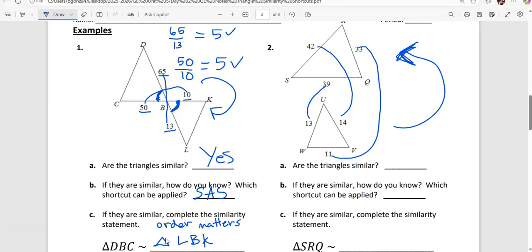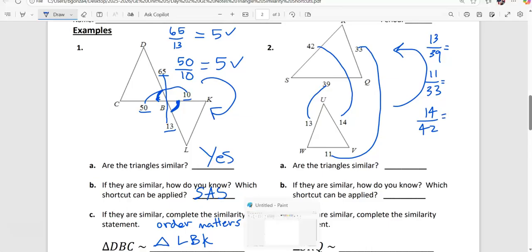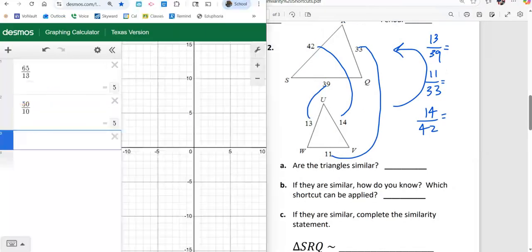Do you see how I'm connecting the corresponding sides? I suggest that you also connect the corresponding sides because those are going to be your fractions. So what are my fractions? 13 over 39, 11 over 33, 14 over 42. Are they equal to each other? Is really the question.